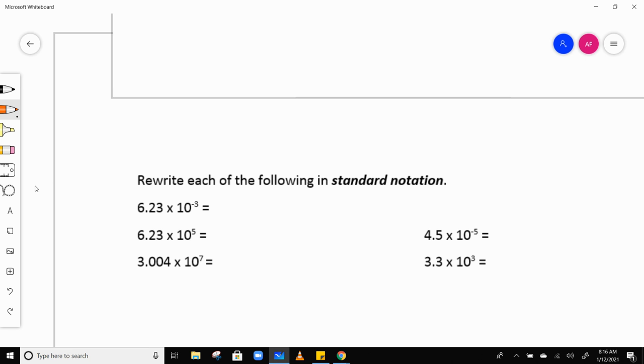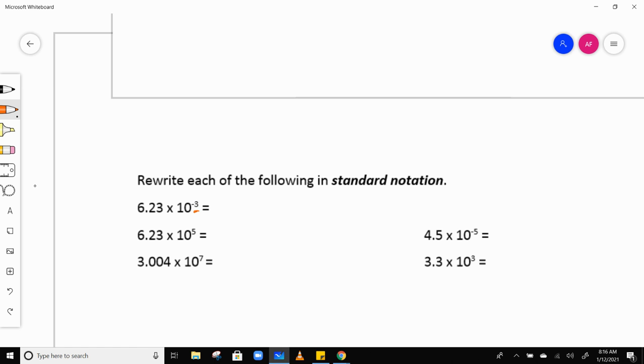Now, we're going to be moving the decimal this number of spaces, and we're going to move in the direction to make it either a decimal or a bigger number. So I don't like to think left or right. I don't know why. I just don't like that thought. I think if it's negative, I have to move the decimal so that it becomes a decimal. If it's negative, it's a decimal.